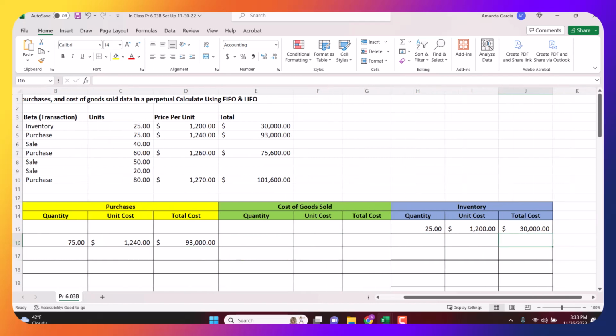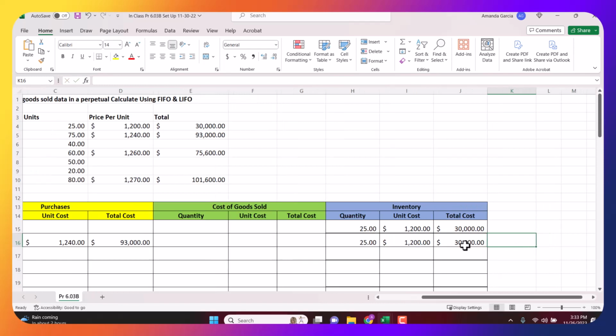So here is where we are going to create inventory layers, right? You want to maintain in your spreadsheet layer 1 and layer 2 because we have two different purchase prices. So I'm going to bring down layer 1, which is 25 units, and put L1 over here.